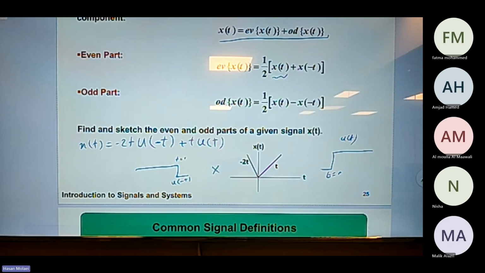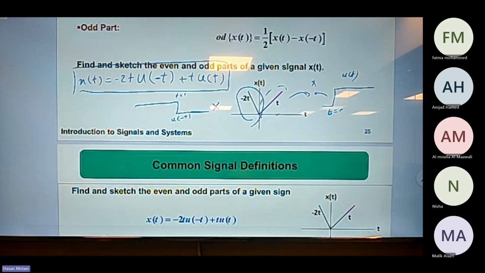If I multiply these two, I only filter the negative part, the left part. If I multiply these two, I only keep the right part. If I add these two parts, I have both left and right part.